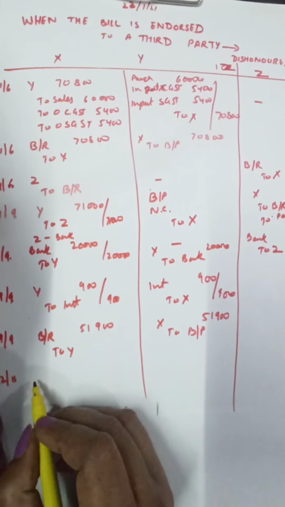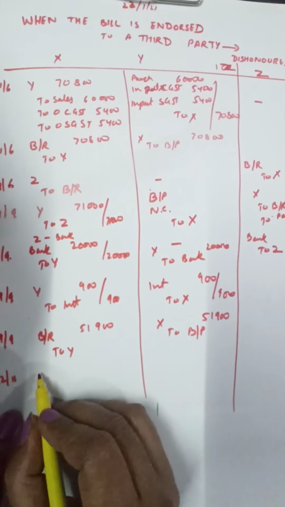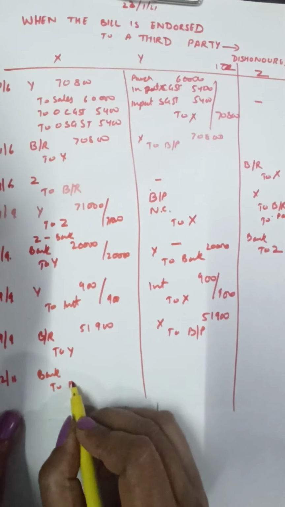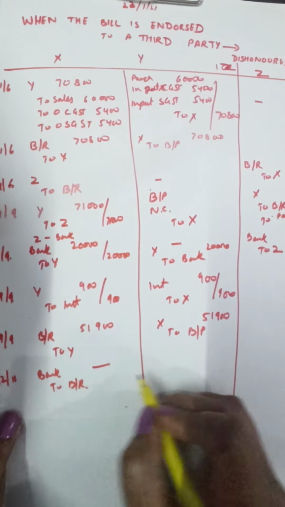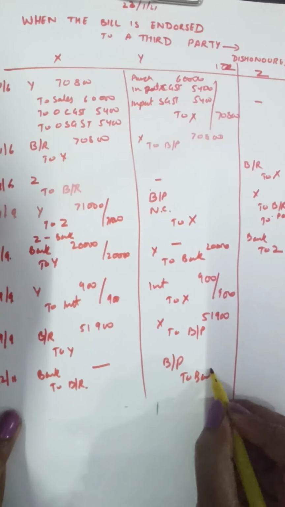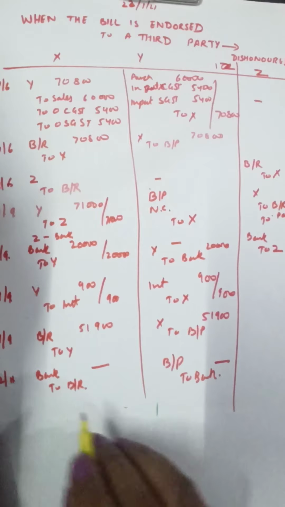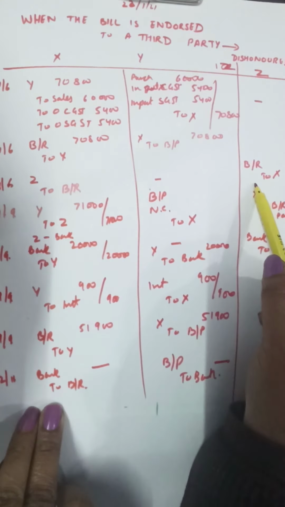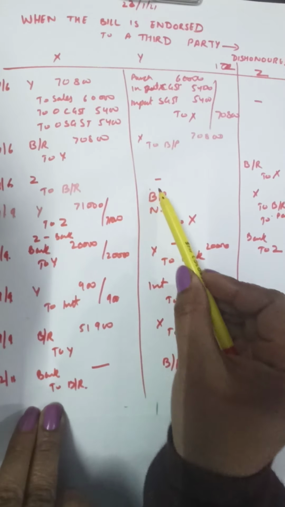22nd is the due date of the new bill. The bill is respected. It is paid. Bank to BR, and the bill is paid for this amount. And bills payable to bank, and this bill is also paid. So this is the case when the bill is endorsed from X to Z, and then it gets dishonored.